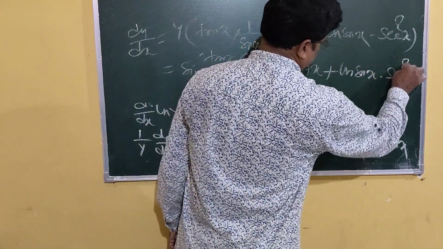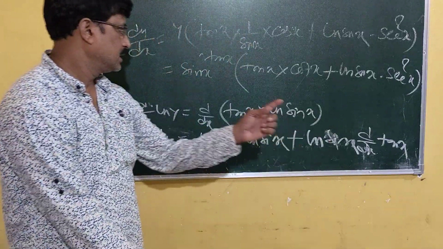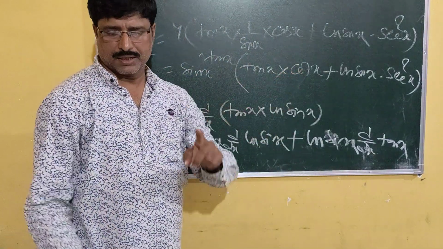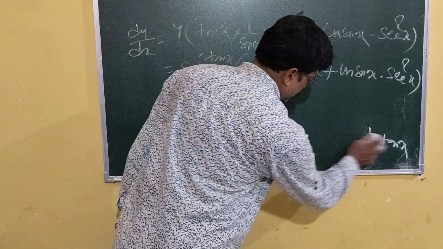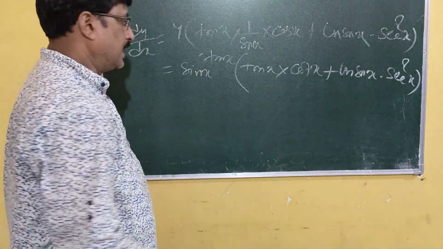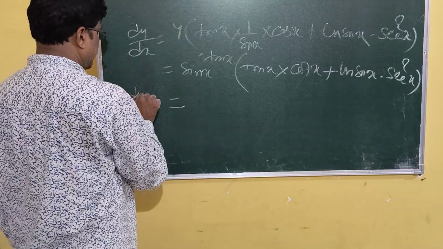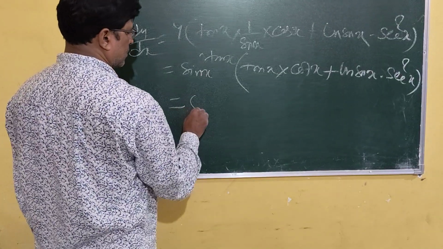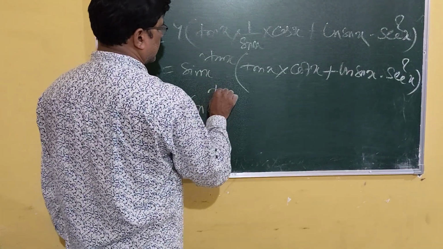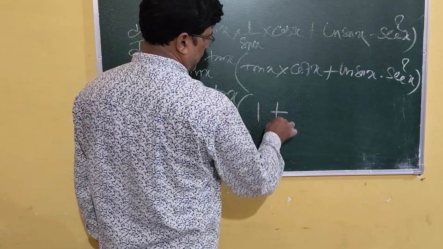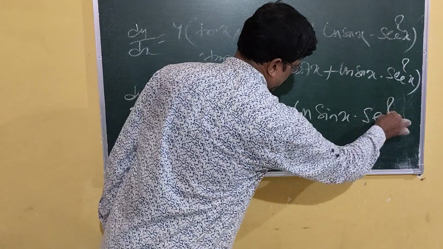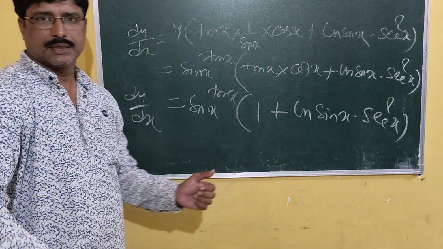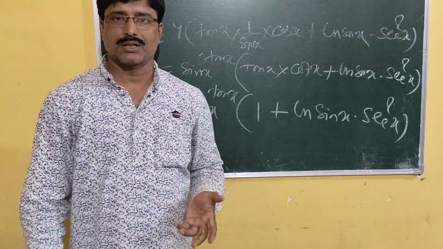Here 10x into cot x, we know some simple formulas coming, we have to take those into account as well. So dy by dx is equal to sin x to the power 10x into 10x cot x plus 10 ln sin x. Okay, this is about your logarithm function.